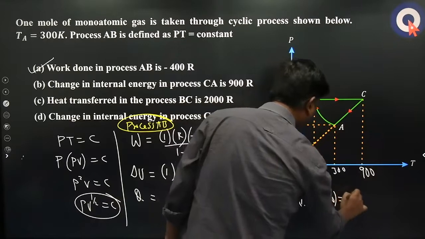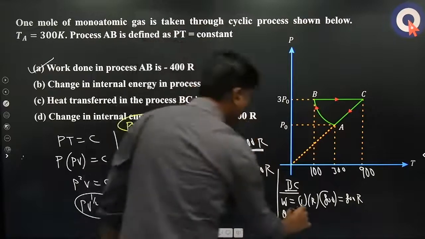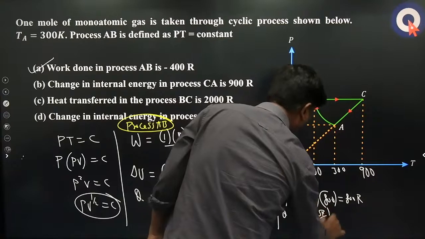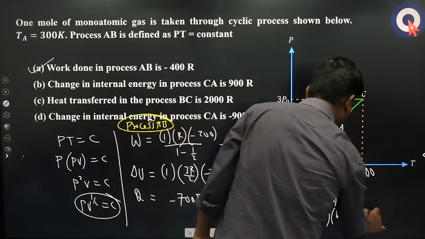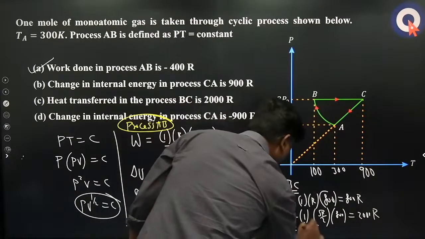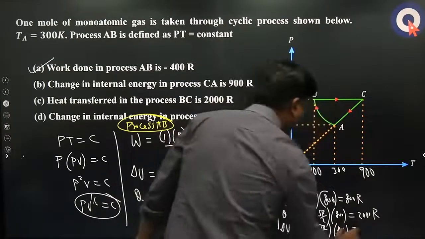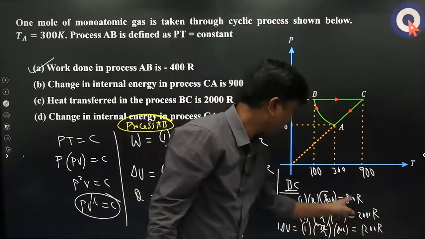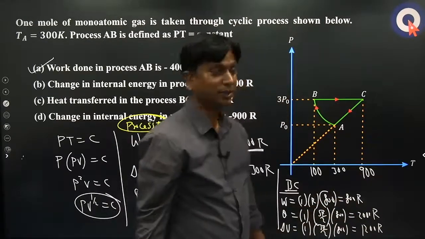That is 800 R. And Q is n Cp ΔT, monatomic gas, Cp is 5R/2, ΔT 800, so we get 2000 R. And ΔU is n Cv ΔT, 3R/2 times 800, 1200 R. Of course ΔU 1200 R plus W 800 R is 2000 R, just cross-checking the first law of thermodynamics.